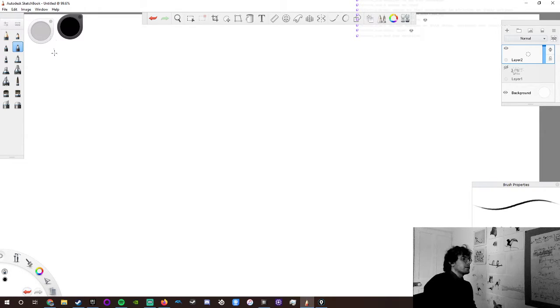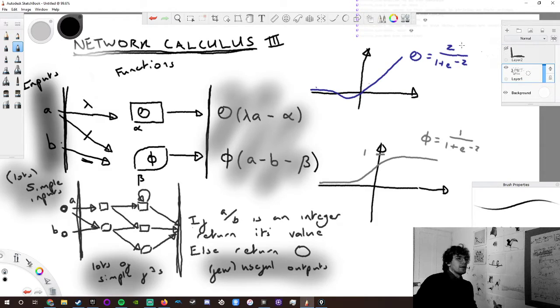So just to be a bit more concrete about some of the language I'm using, a square box is always a swish from now on.